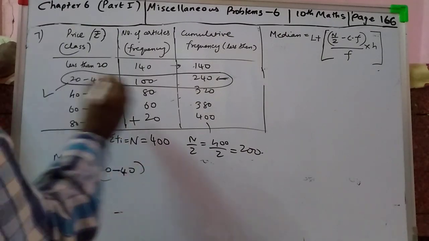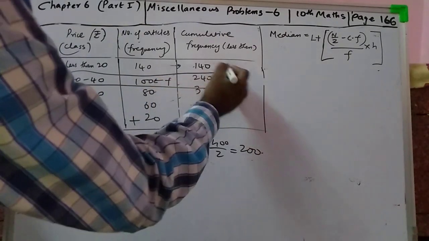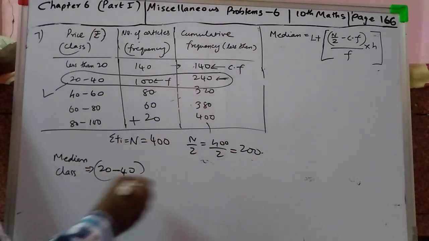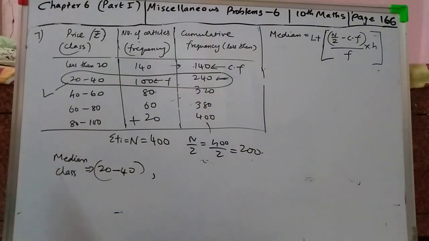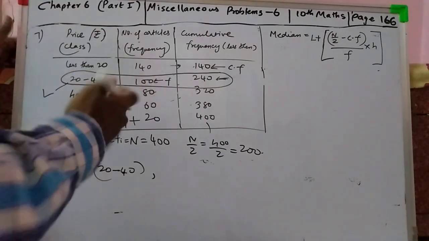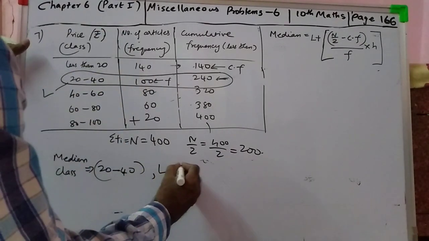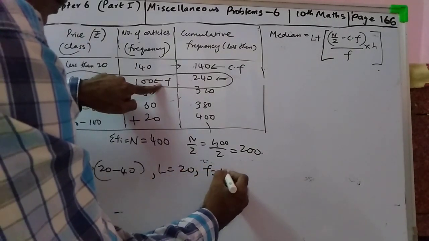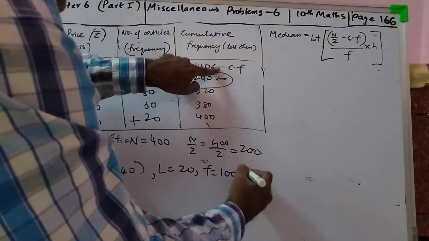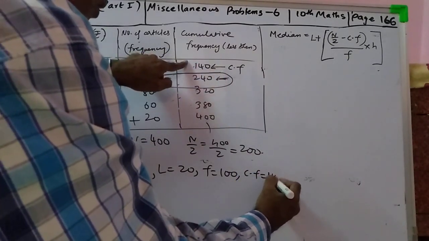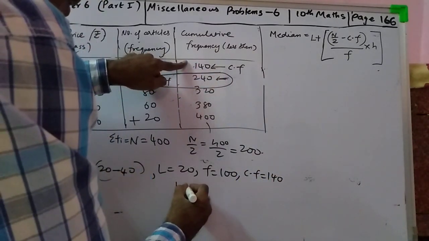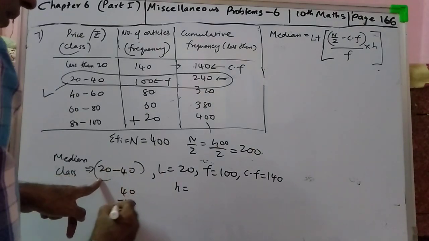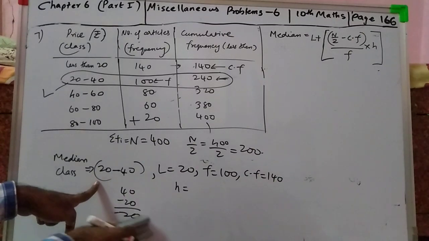This is L, this is F, and the one above is cumulative frequency. Now we write the values. L is equal to 20, F is 100, CF is 140, and the class width you can find from here: 40 minus 20, you will get 20.